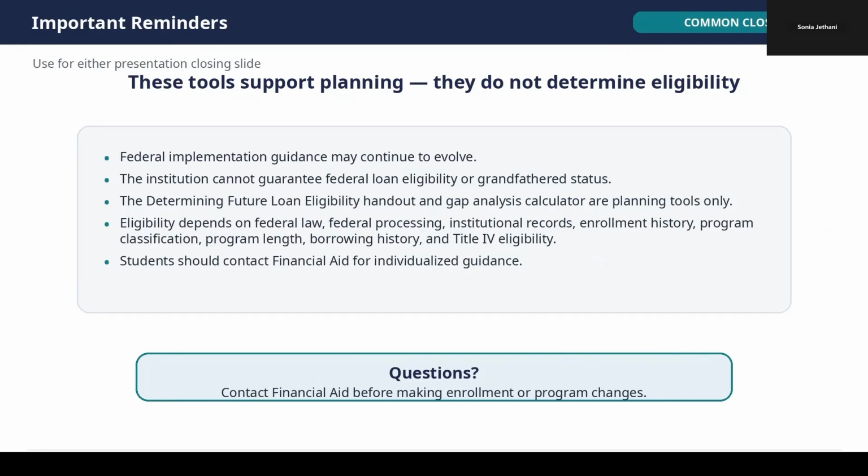The Determining Future Loan Eligibility Guide and the Gap Analysis Calculator are planning tools only. They do not represent final eligibility determinations. Students should contact financial aid for individualized guidance and should speak with academic advising or the registrar before making enrollment or program changes.